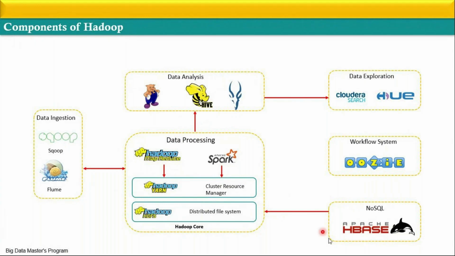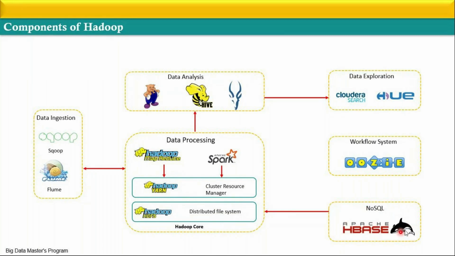NoSQL is the NoSQL database over here. Why do we have a NoSQL database? Because we need to query the data which is stored inside HDFS, that is the distributed file system. So we are querying based upon this NoSQL database.